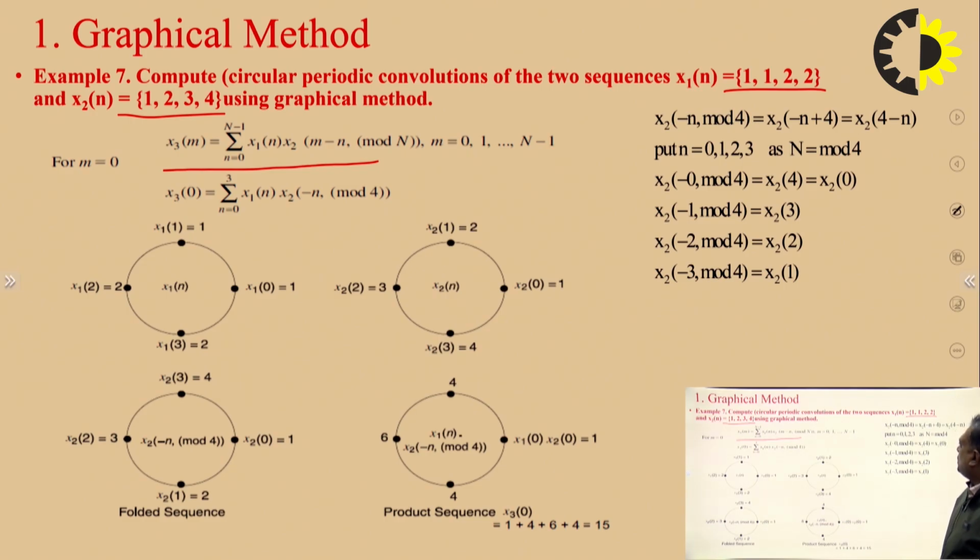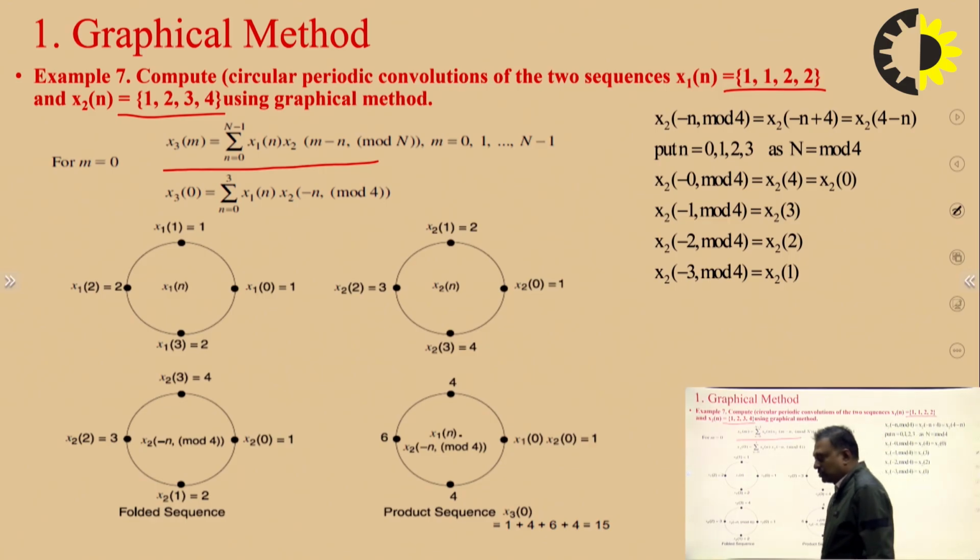You can check the values: x2((minus n) mod 4) will become x2(minus n plus 4), that is x2(4 minus n), and if you put the values n equals 0, 1, 2, 3, you can check the values of the reflection.